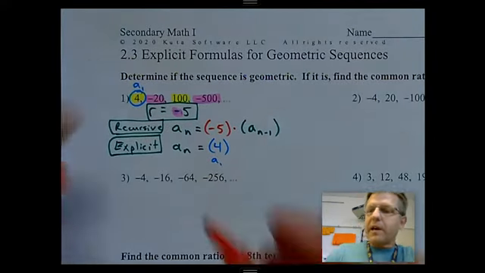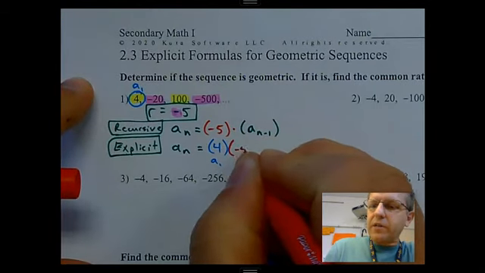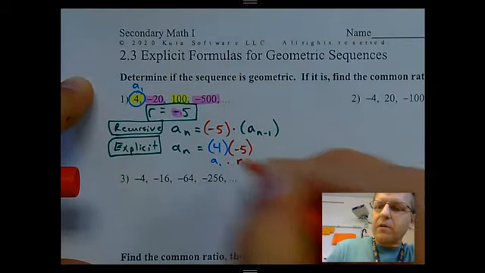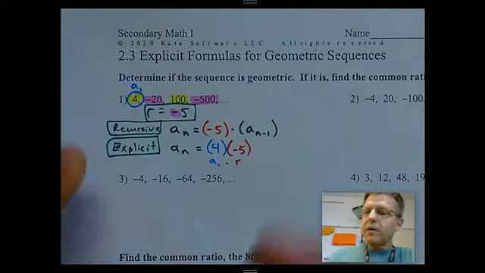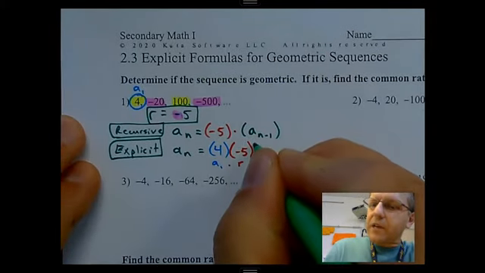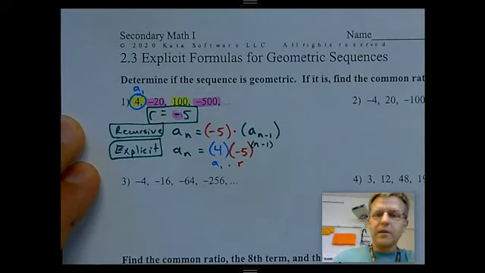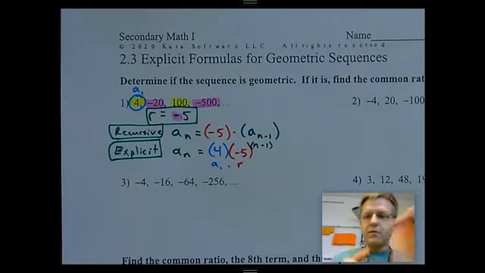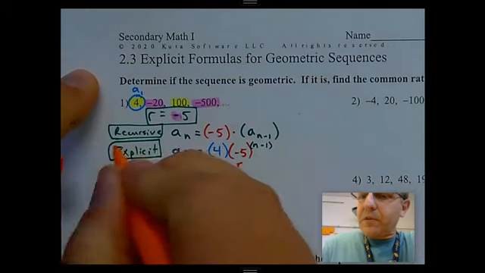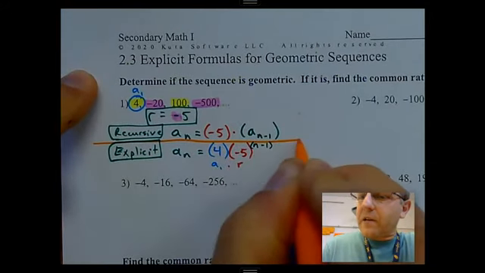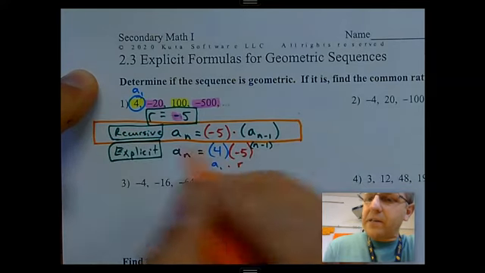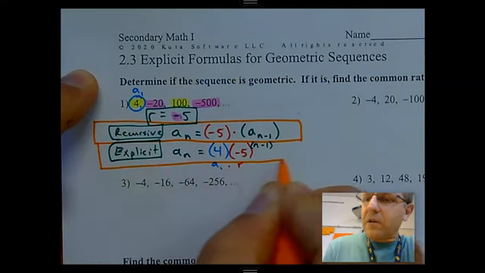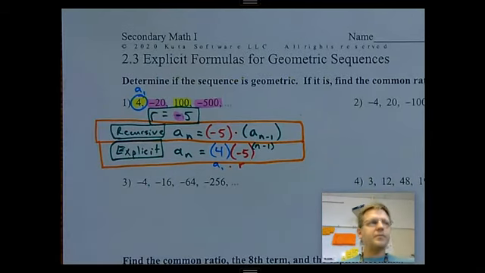You need to multiply it by your common ratio. So your first term times r to the power of, so this is an exponent, n minus 1. So just so that we're clear, let me separate these with a line here. So that's that one, and that's this one.